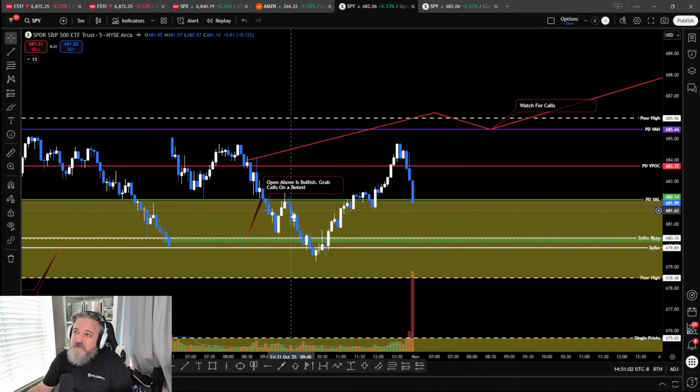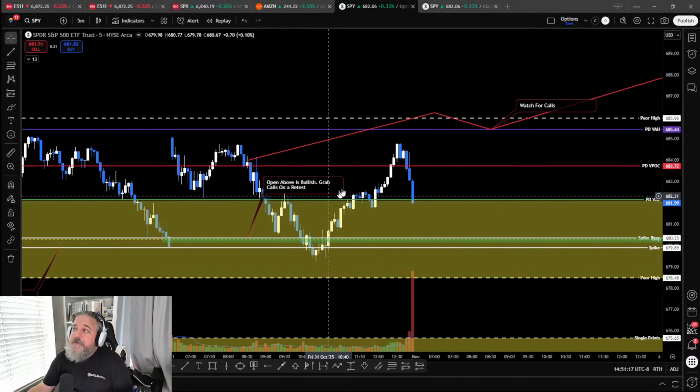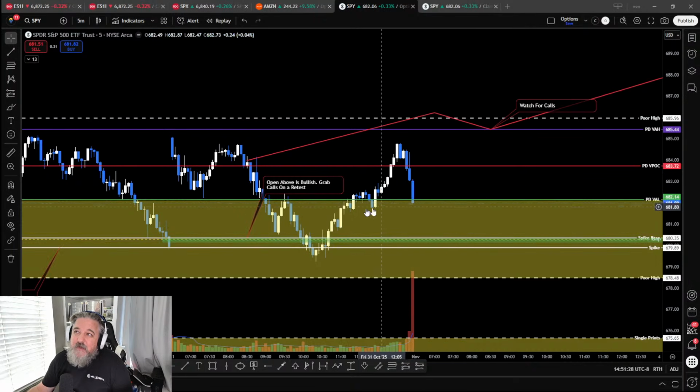They kind of just came below and chopped around a little bit, and then they broke back above and just ran. They never gave us a nice clean retest. But if anybody did slap by here, hopefully you didn't get stopped out, and you should have got a nice run if that's the case. This probably, it doesn't matter now in retrospect, but this probably was not a bad spot to grab calls to swing over the weekend.